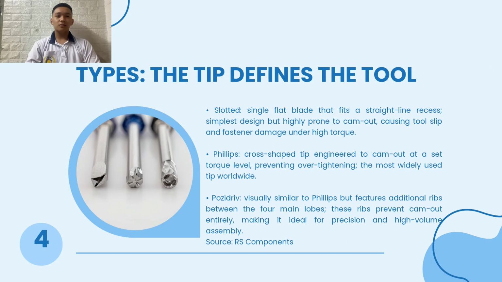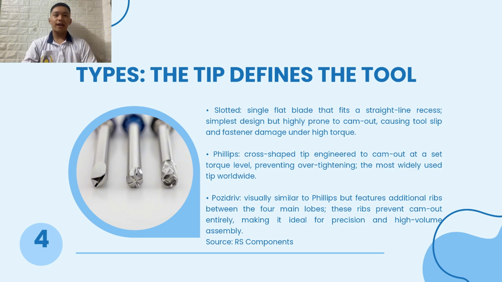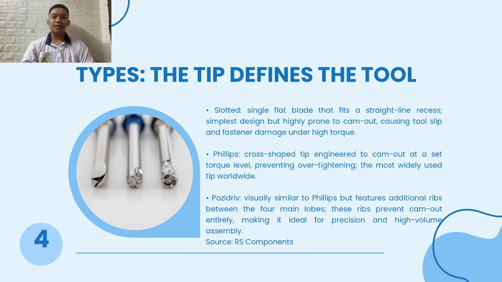The tips define the screwdriver type. We have the slotted tip, a simple flat blade that fits straight, but highly prone to cam-out and tool slip under high torque. Then there's the Phillips, a cross-shaped tip engineered to cam out at a set torque level to prevent over-tightening, and it remains the most widely used tip worldwide.